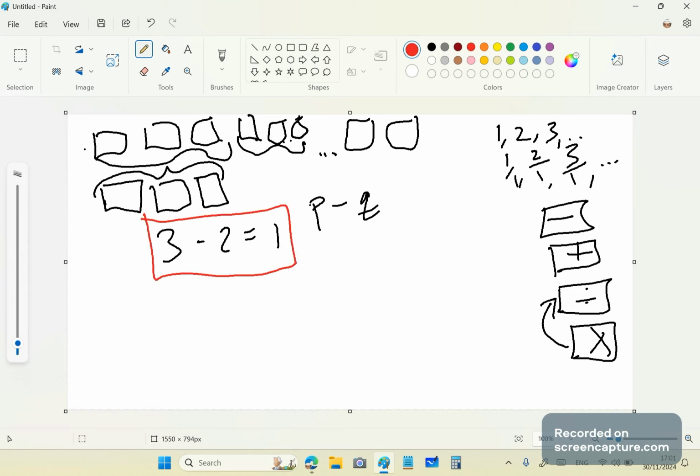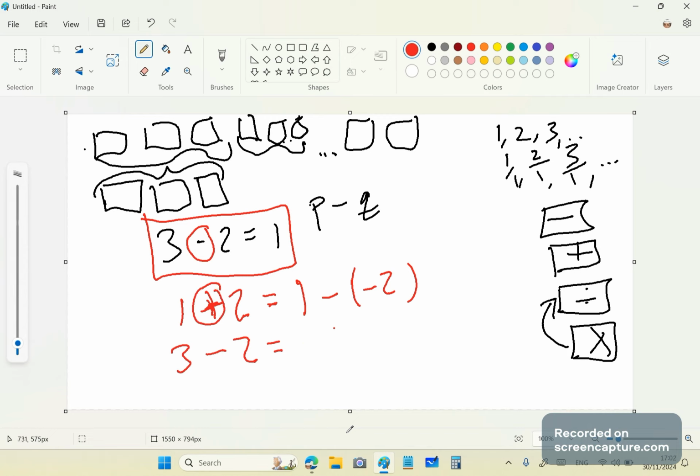But now let's say we want to go the other way and say 1 plus 2. Okay. This can be defined in terms of the minus operator. How? Like this. Okay. Now, you can go the other way, by the way. You cannot, for example, say 3 minus 2 and then only using the plus operator on the side find the answer. There's no way to do that.